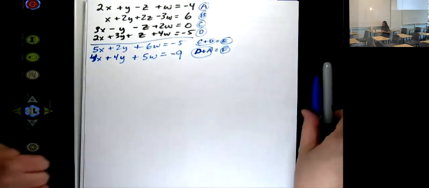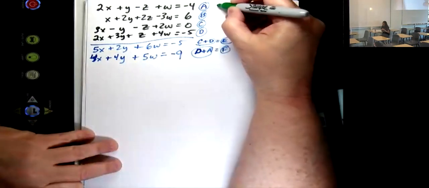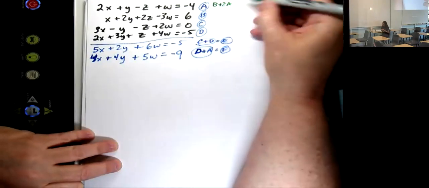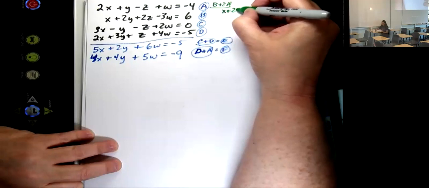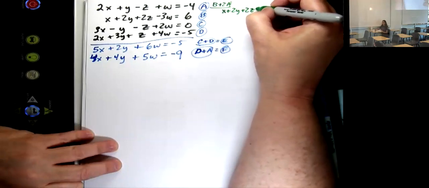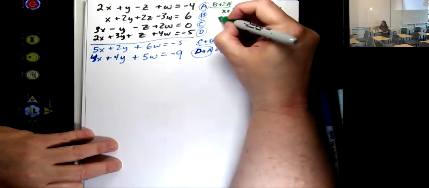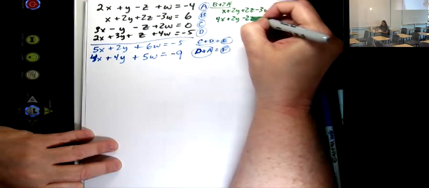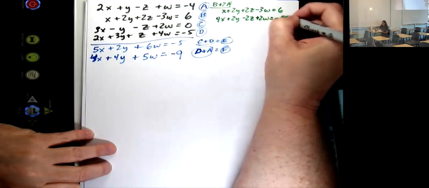So we're going to need to double up something. Let's do B and 2A. So I'll rewrite this right here. I'll rewrite B real quick. And then I'll do 2A. It's 4x, 2y, -2z, plus 2w equals -8.